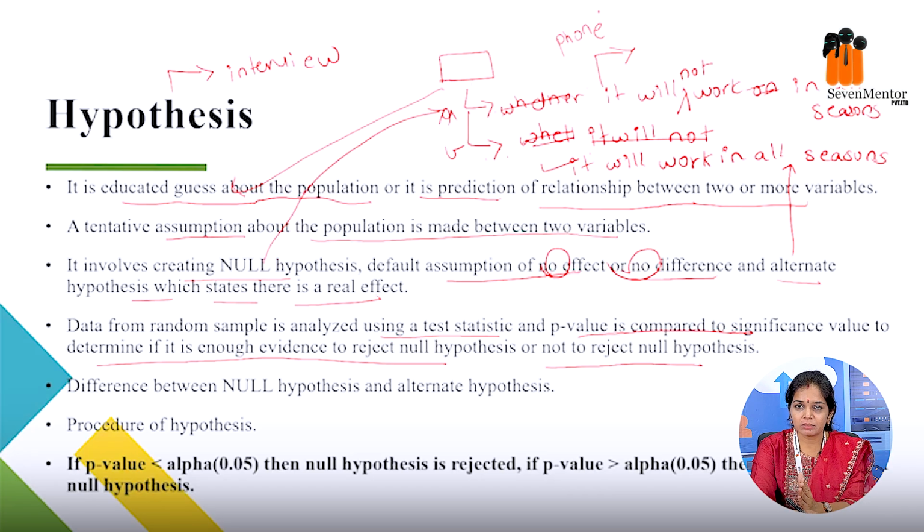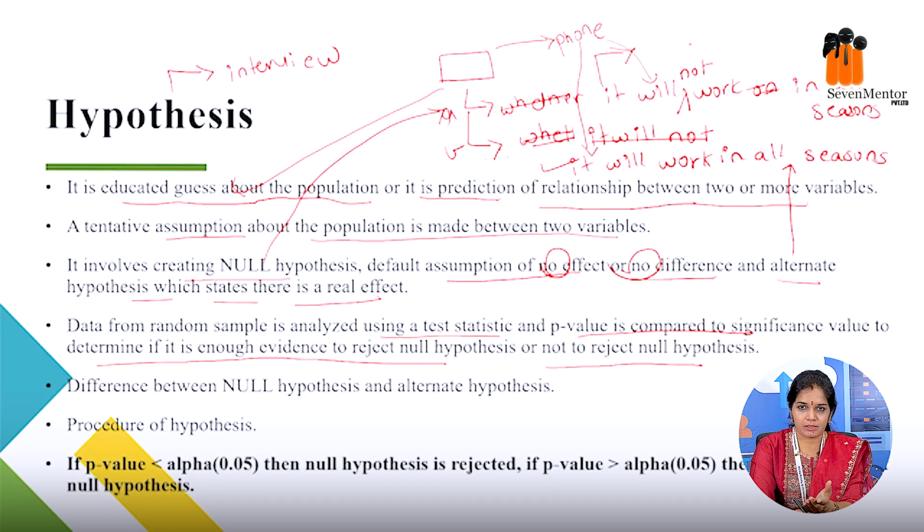Is it seasonal? No, it is not. I have built the product as a mobile phone. I will check whether it works in all seasons. Two statements, right? I want it to work in all seasons, so I will start searching for evidence that it will not work in all seasons. I'll start collecting the information.